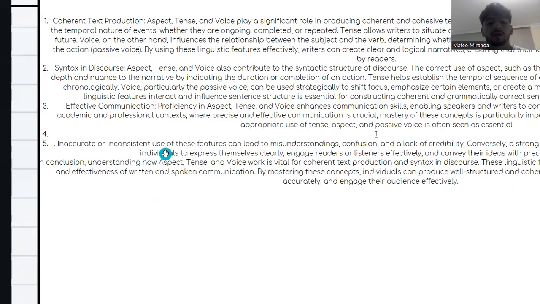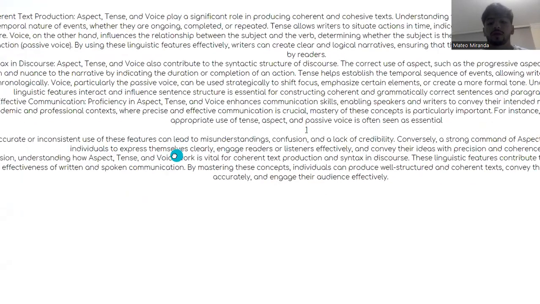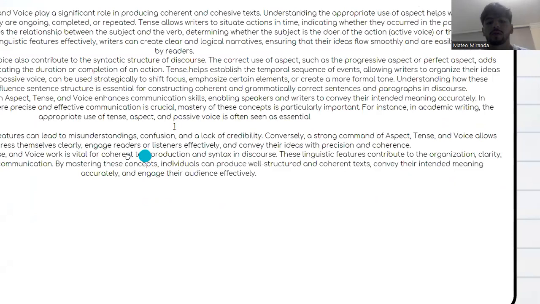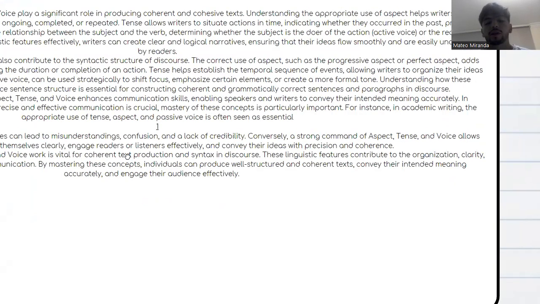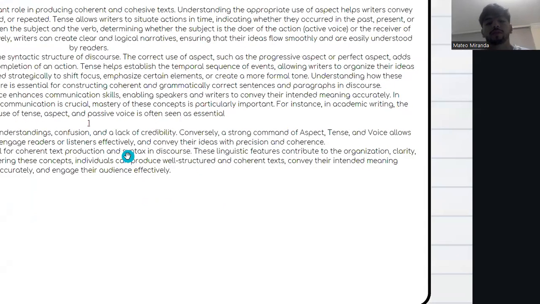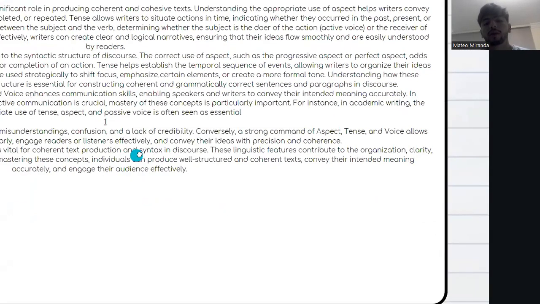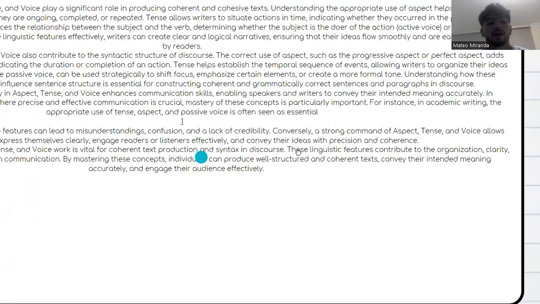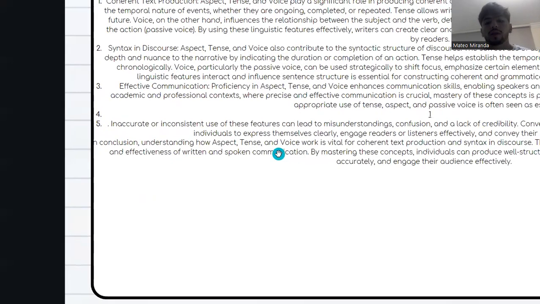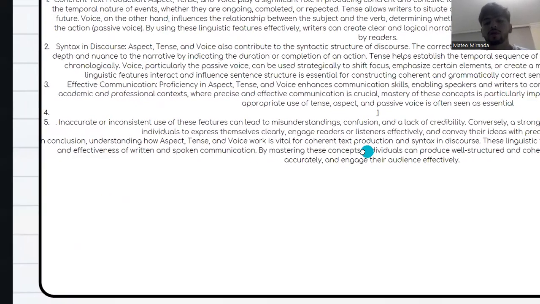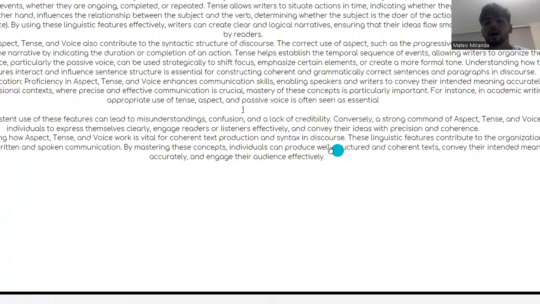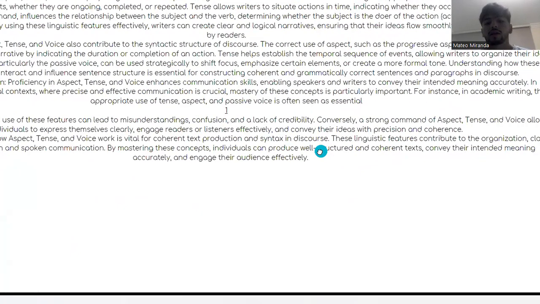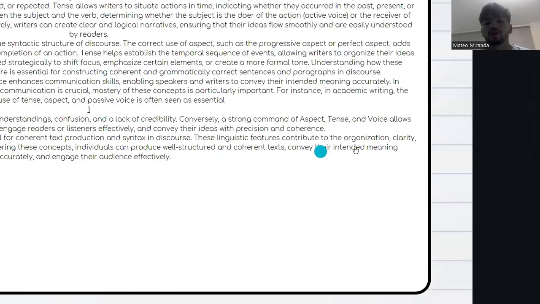Inaccurate or inconsistent use of these features can lead to misunderstanding, confusion, and lack of credibility. Conversely, a strong command of aspect, tense, and voice allows individuals to express themselves clearly, engage readers or listeners effectively, and convey their ideas with precision and coherence.